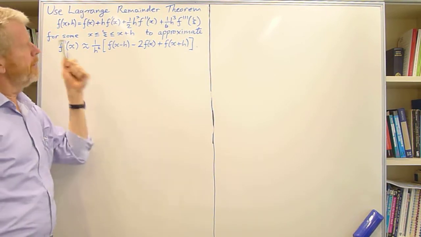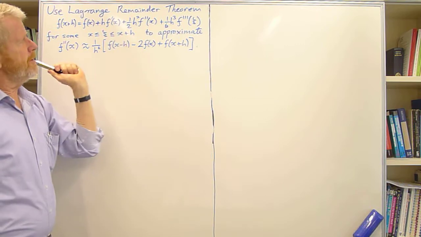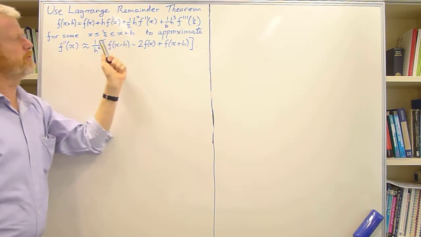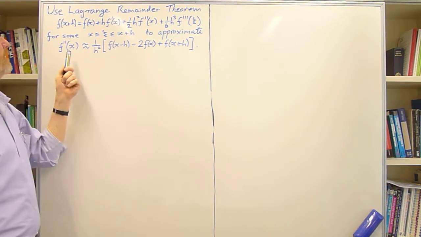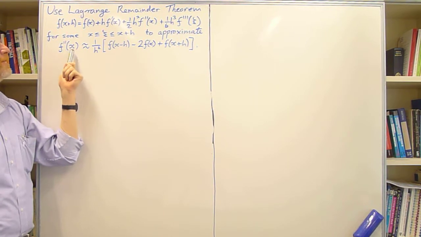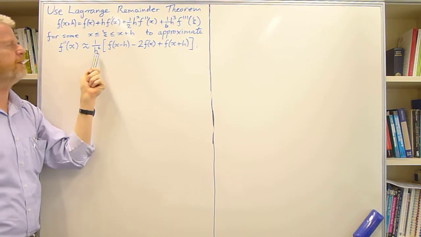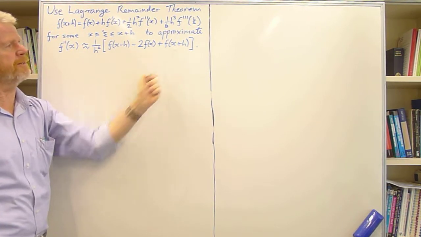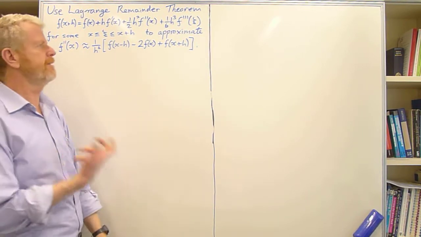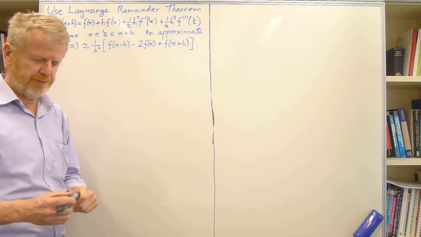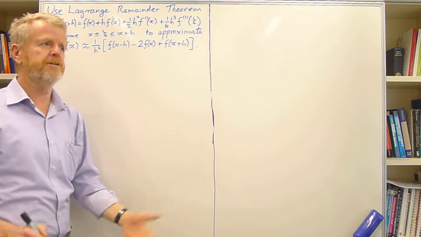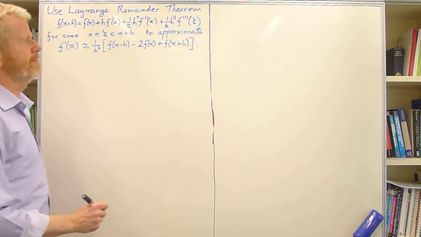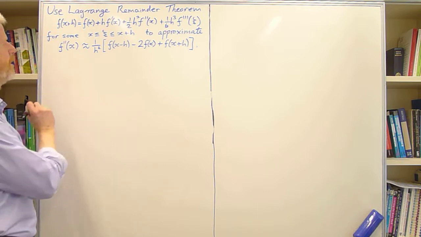And the virtue of this is it's an exact equality, and so this remainder term provides an estimate of an error. Alright, so we've used this result to work out an approximation for the second derivative, that f double dash of x is approximately 1 over h squared times f of x minus h, minus 2 f of x, plus f of x plus h. And this will be incredibly useful in computationally approximating differential equations.